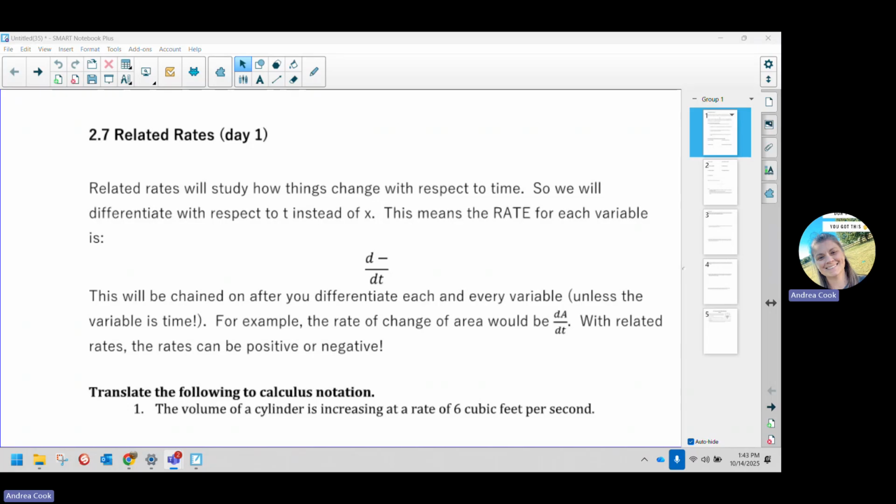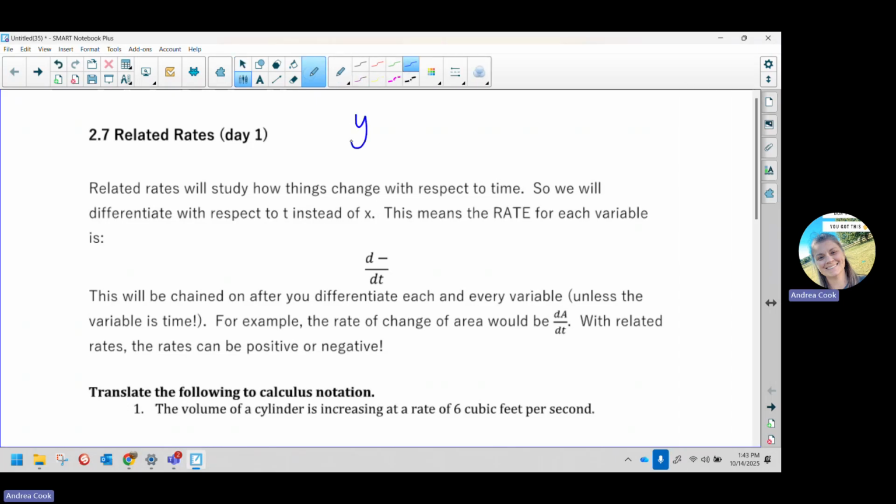So when we had y and found the derivative, we said it was y prime or dy over dx. When we found the derivative of x, it was just 1, because it would be dx over dx.